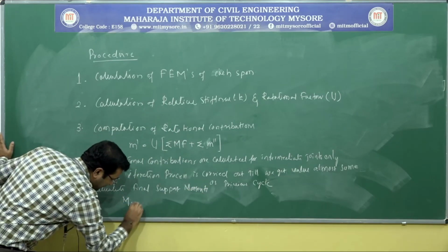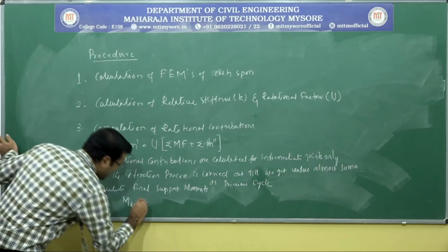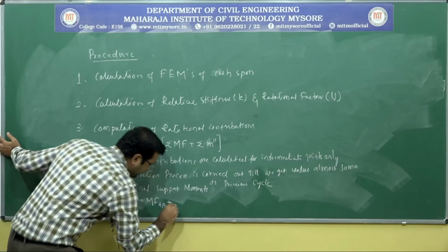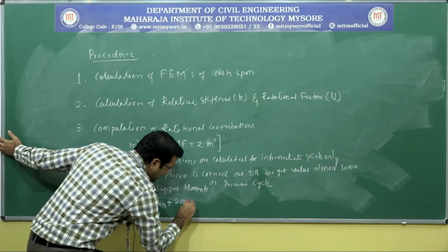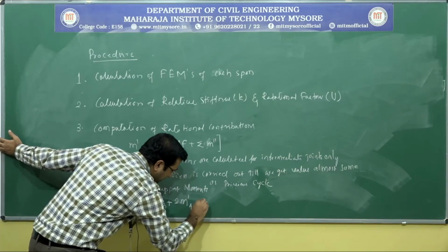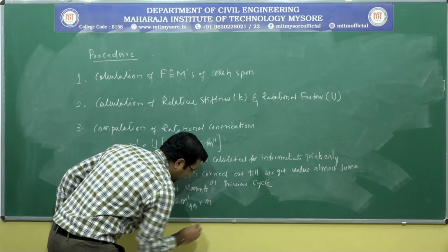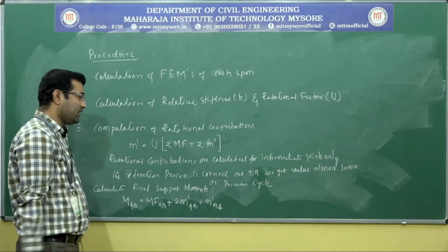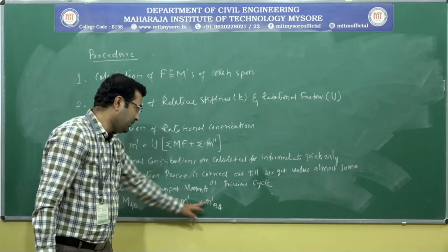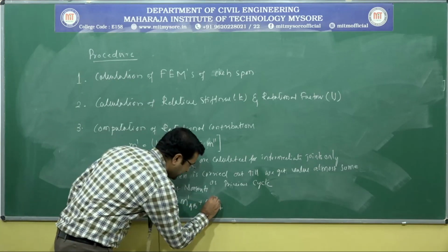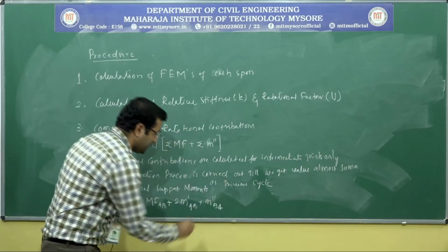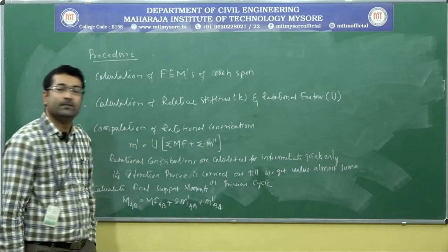For example, if I want to calculate MAB, then it is MFAB plus 2 times the rotational moments at the near end plus 1 times the rotational moments at the far end. So here we have MAB and M dash B.